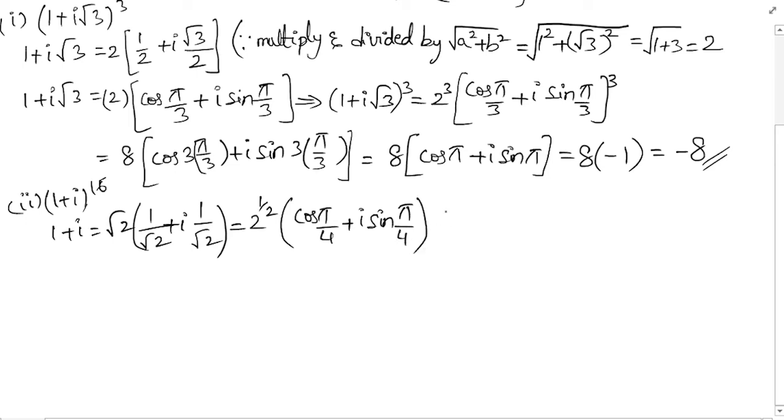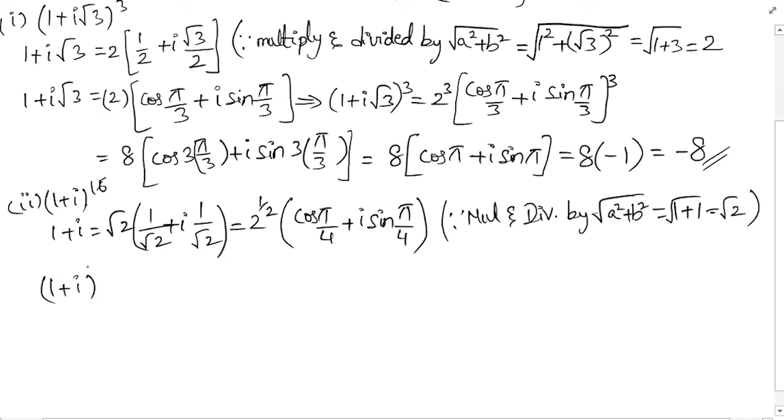Okay, because here again I have multiplied and divided by root of a square plus b square, which is equal to root of 1 plus 1, which is equal to square root of 2.